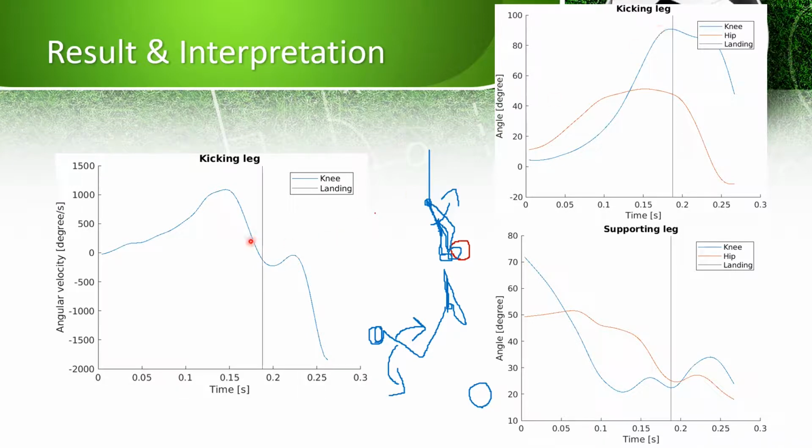Okay, then it goes to negative, which means that the leg or shank is moving forward actually. So from the point of zero here, the shank is moving forward and accelerated forward a little bit at this moment here, but it goes to deceleration here.